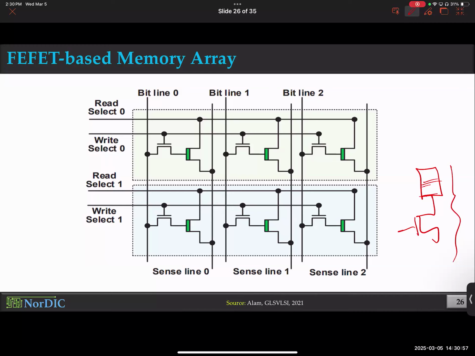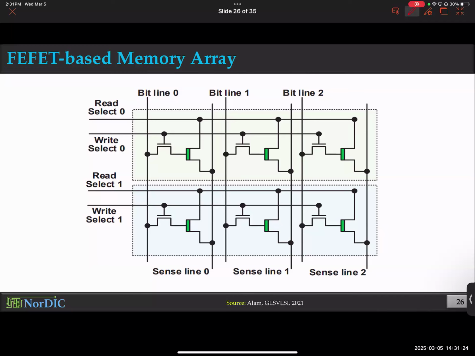Basically, they were all connected to the drain or the source of the transistor. Here it's a little bit unique because the access transistor is still using its drain or source, but it is feeding into the gate of another transistor. That's the other reason why the array looks unique. But other than that, there is no other uniqueness here.